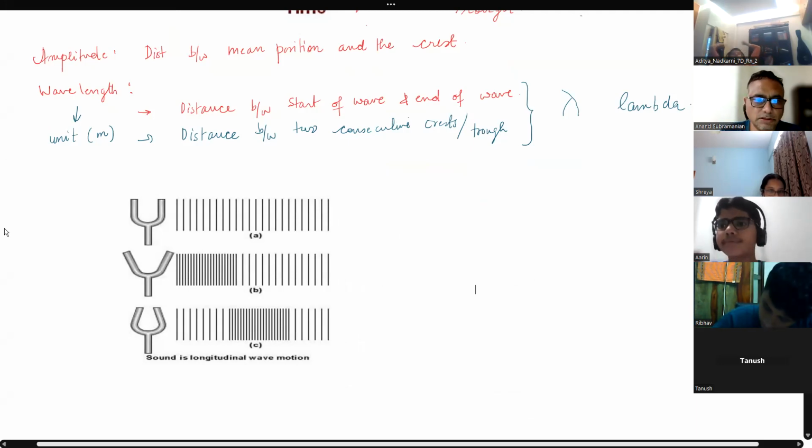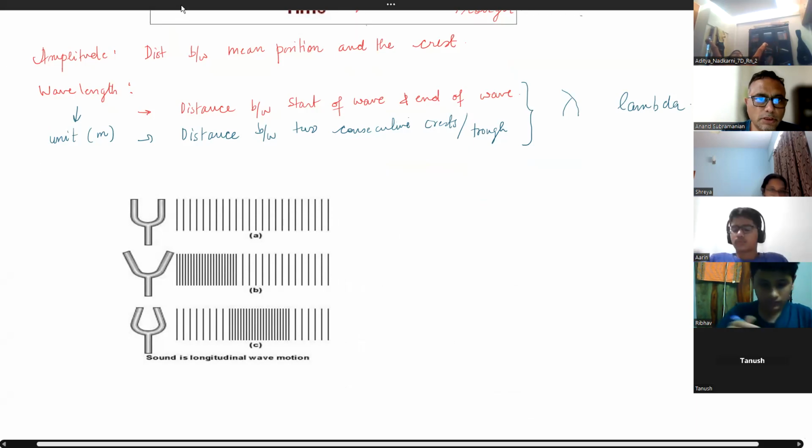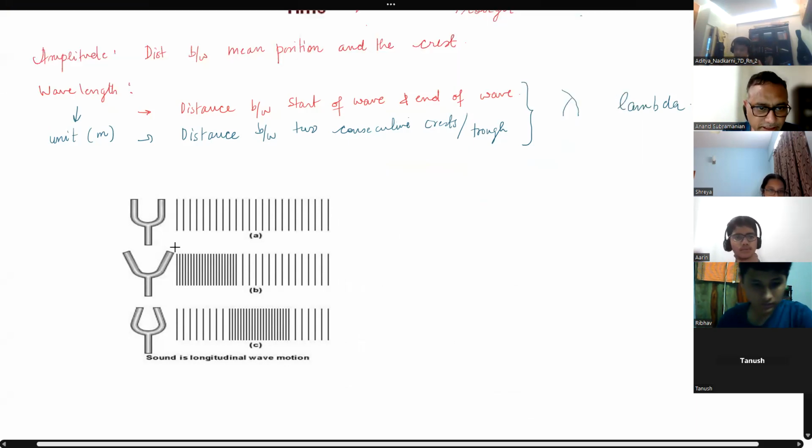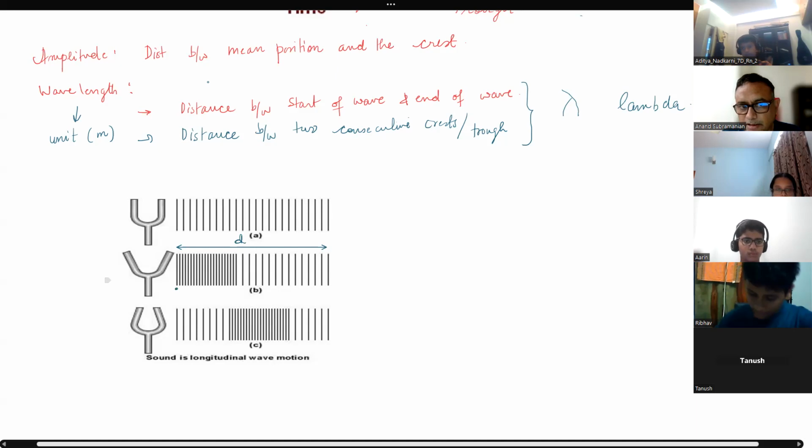Yes. So now look at this compression rarefaction diagram. Supposing I put this distance. Tell me, what is this distance now, which I have marked here? 1 lambda. 1 lambda, because you see here, this is like the peak.